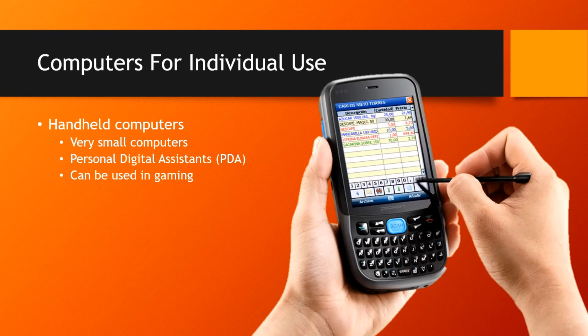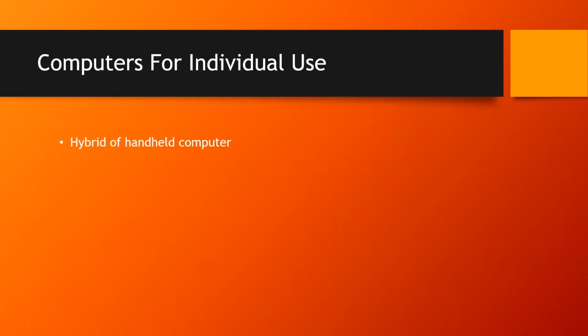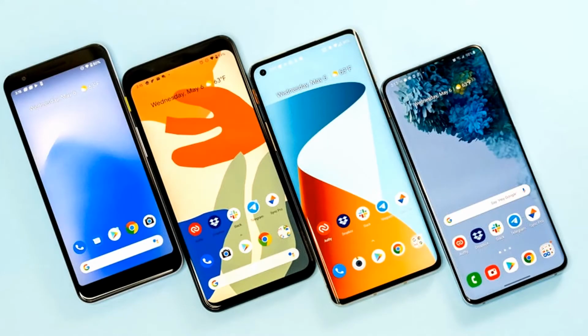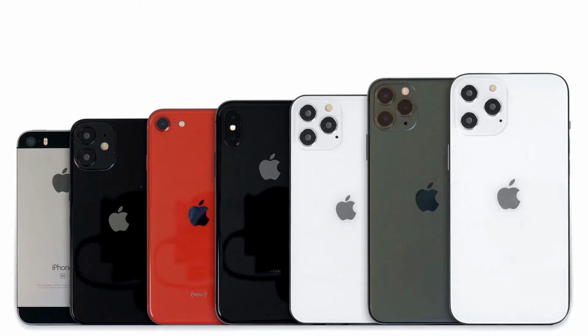Wala na kani sila ginagamit karon, your handheld computers, your PDAs, because we already have cell phones. A hybrid of handheld computers stores data like contact details, web surfing, email access, and basically almost anything that a computer does nowadays. So you have your Android phones and your iOS phones.